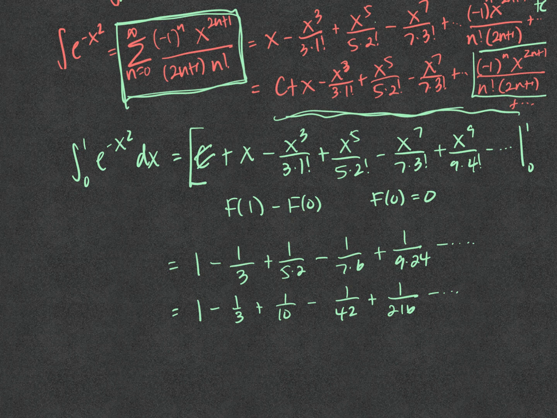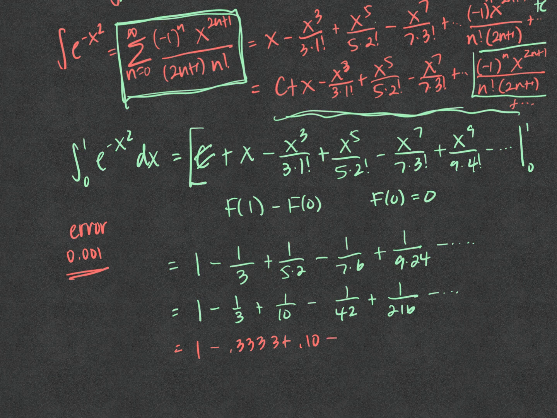Now, it was important that we notice that it said correct to within an error of 0.001, so that the error is 0.001. So what we're going to do is look at the decimals here. We have 1 minus 0.3 repeating. Let's just call it 0.3 repeating. Here our error is in the thousandths place, so let's go 4 decimal places here. Plus 1/10 is 0.10.